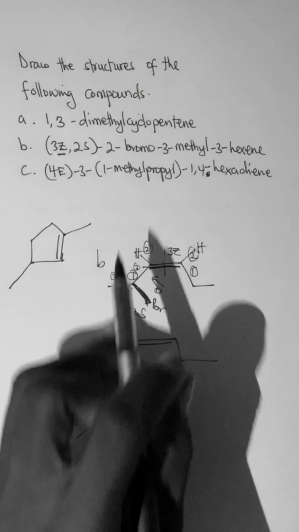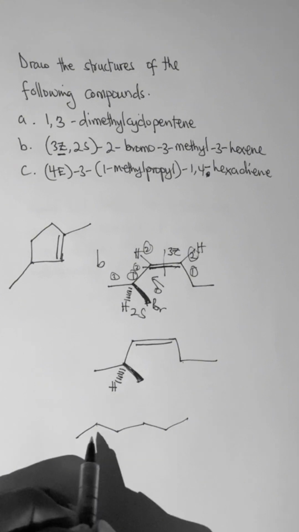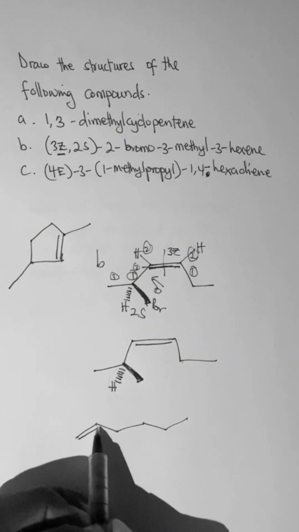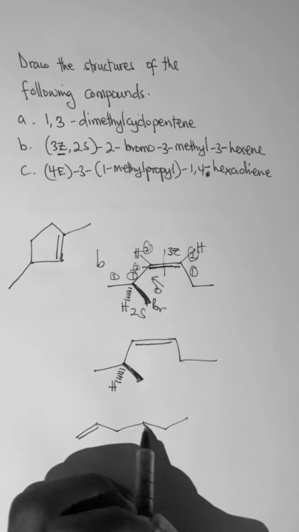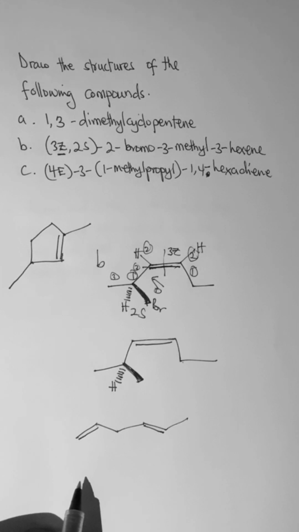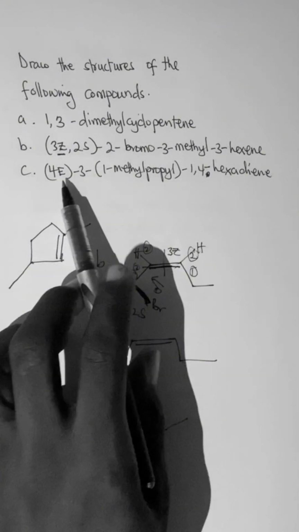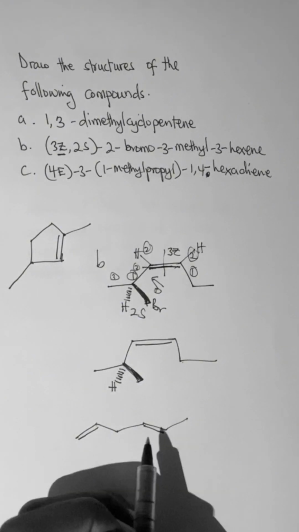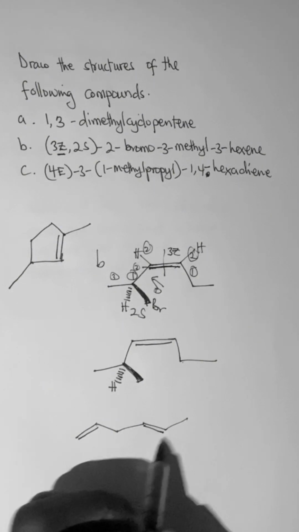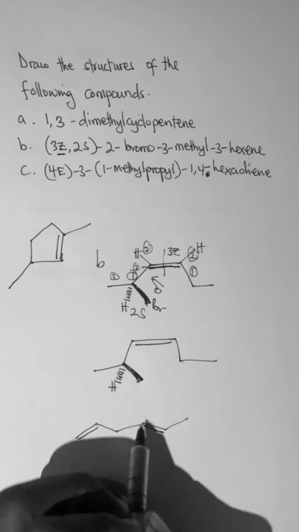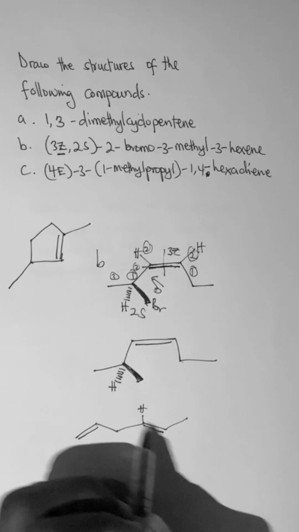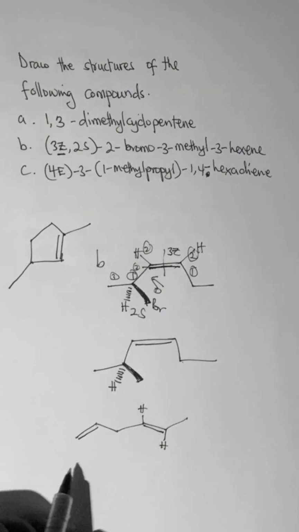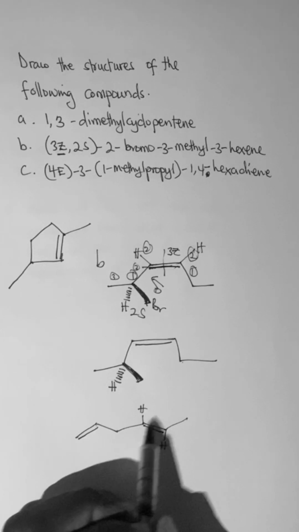And it is a 1,4, so carbon number 1, 2, 3, 4. So this is a hexadiene. But apart from that, there is a 4E, which means there is supposed to be a trans arrangement on carbon number 4. You see that this is actually trans because this proton is pointing this way, and this one too is pointing this way.